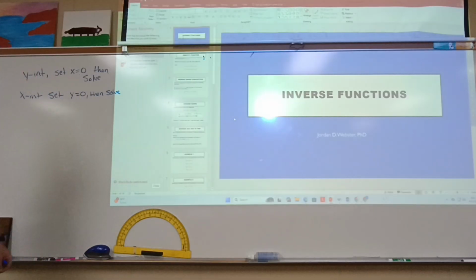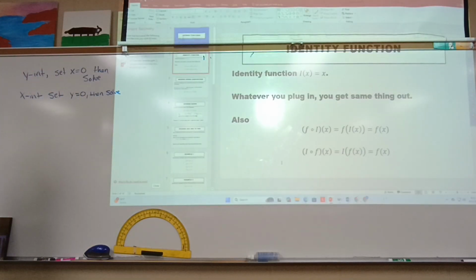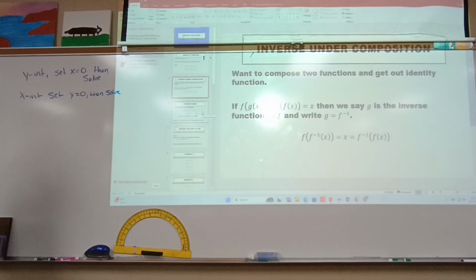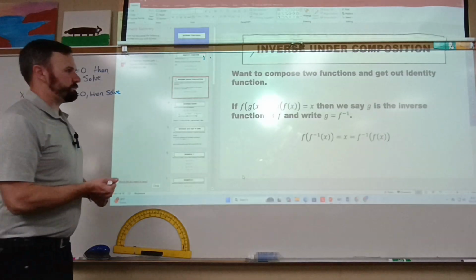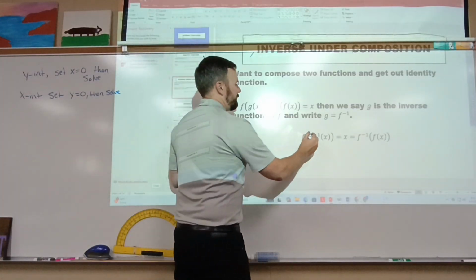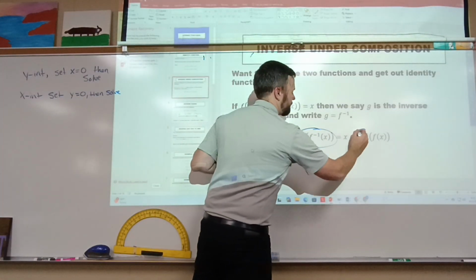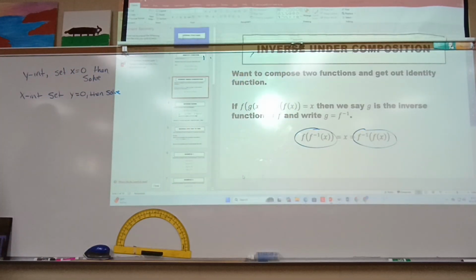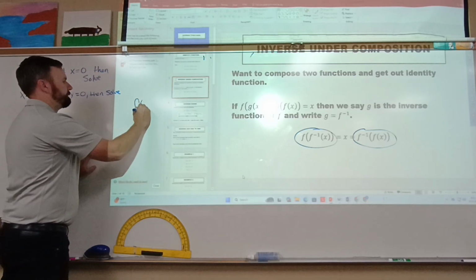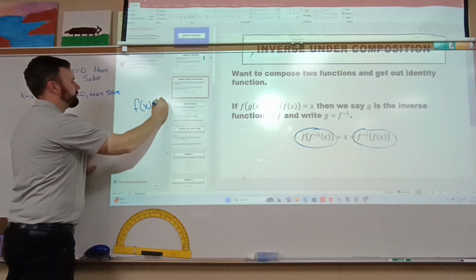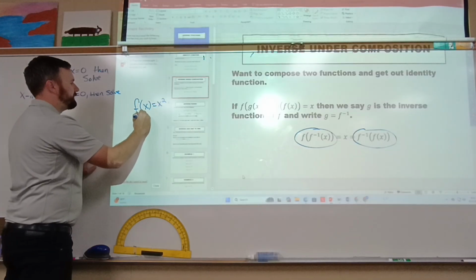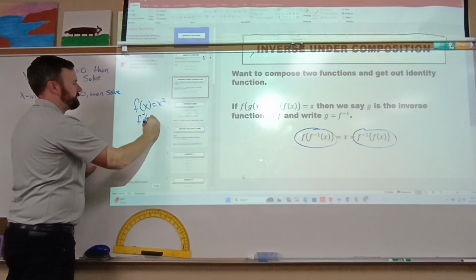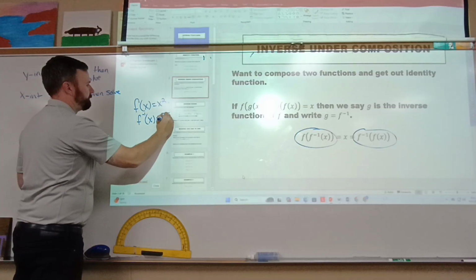Now we're going to get the tools to be able to find inverses. Don't worry about it. All this is saying is that if I plug a function into its inverse, I get out x. And we just talked about it. Like, if f of x is x squared, you guys told me the inverse of that is square root of x, right?